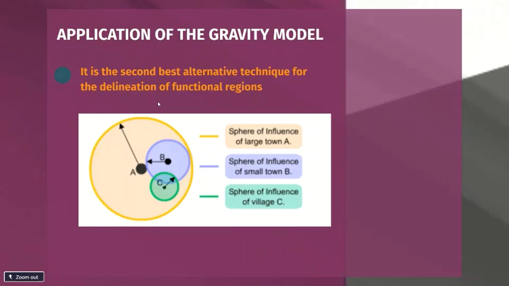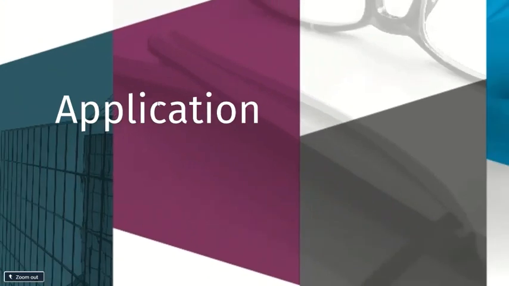In that case, we would call on the gravity model, because even if you cannot get to the field to count the number of cars moving from Accra to Kumasi, we can make use of the population size between these cities and estimate the flow that is likely to occur, and we can use this to delineate functional regions, or to determine the sphere of influence of Accra or of Kumasi.